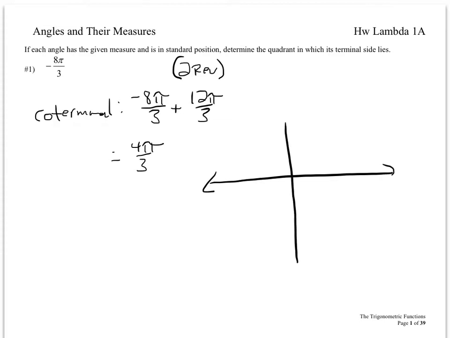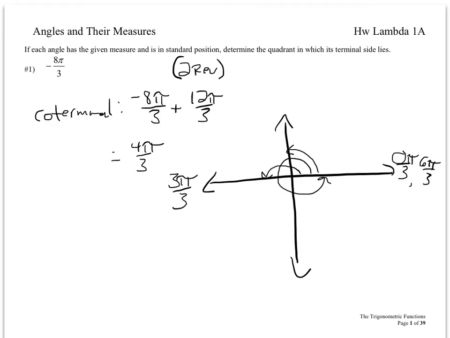So where does that fall in the coordinate plane? Well, if we start here on the positive x-axis and we say that's 0 pi over 3, a complete revolution, back to where we started, would be 2 pi, which is 6 pi over 3. Half a revolution would be half of 6, which would be 3 pi over 3.